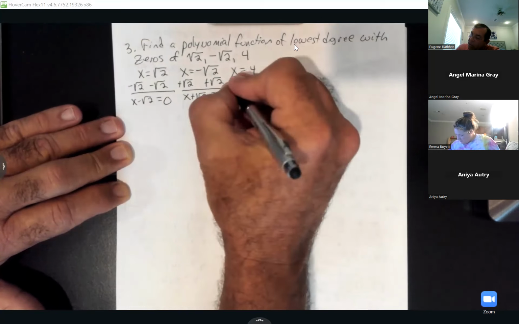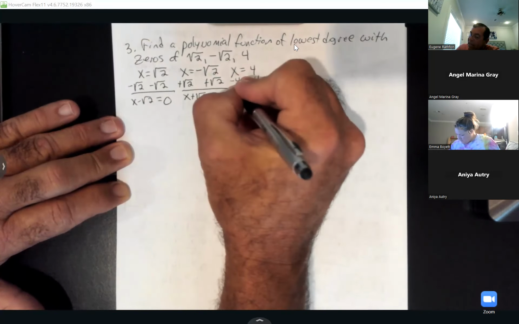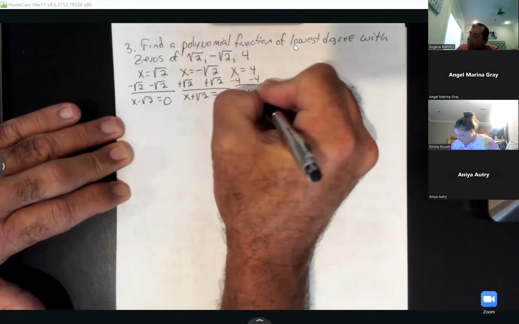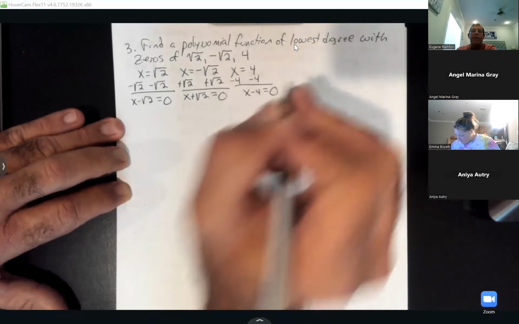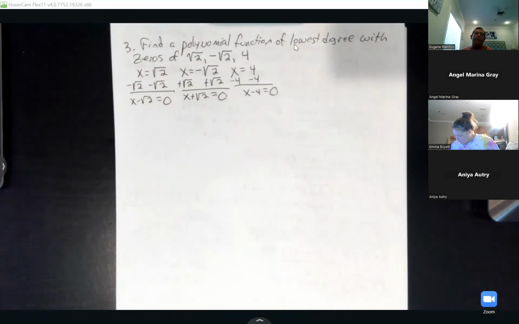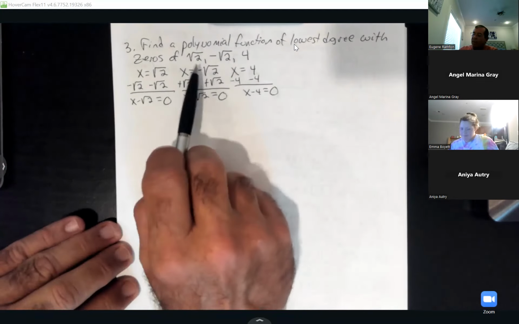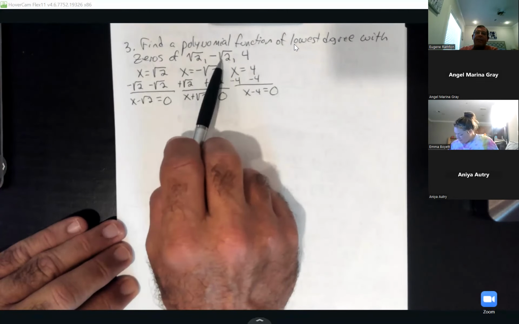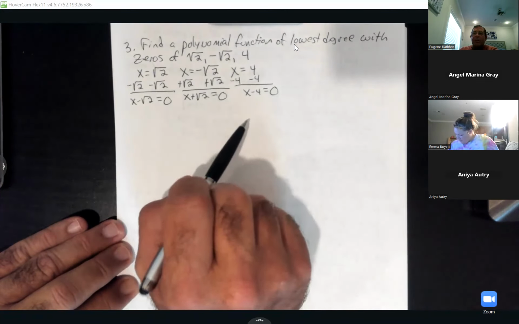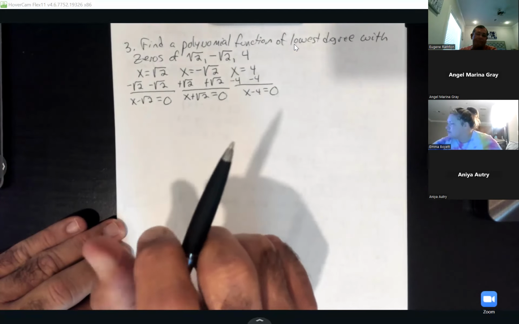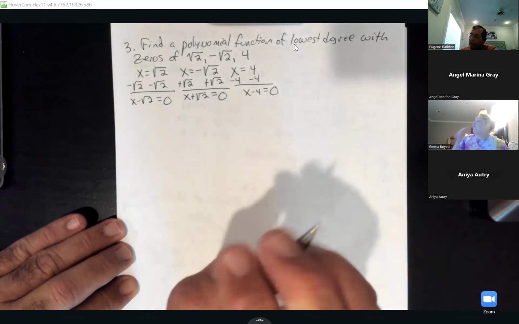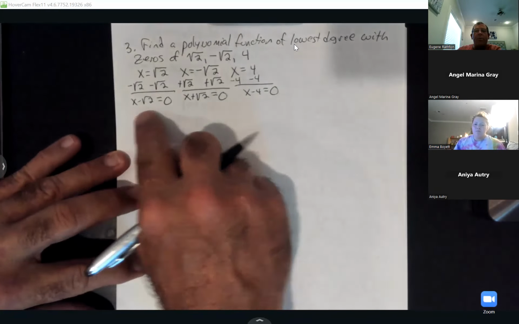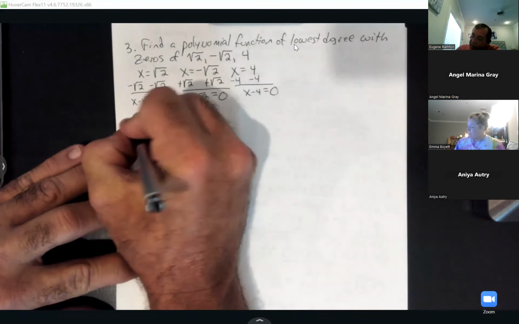And the last one looks like we'll subtract 4 from both sides and get x minus 4 equals 0. So basically, I'm changing the sign of these and putting them on the other side and throwing a 0 on the right side, okay? So now, we're going to put all these in parentheses.